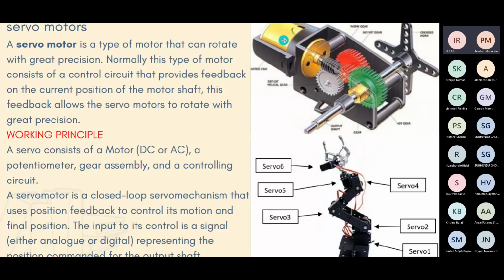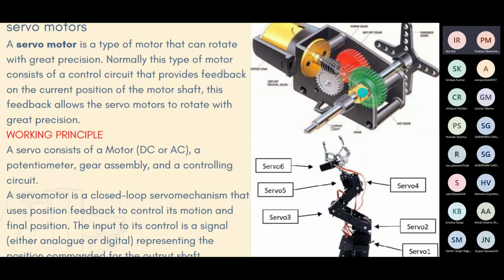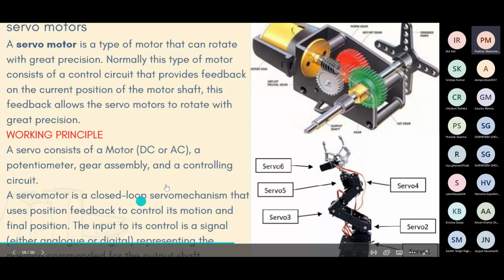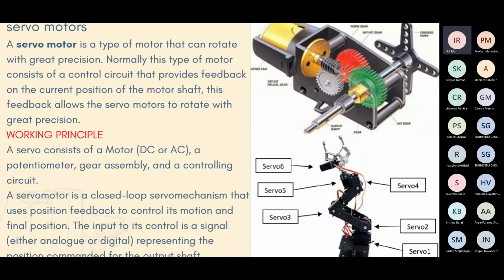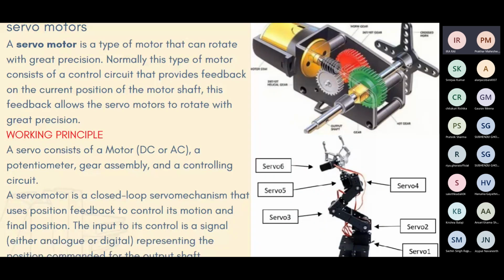So this motor can be AC or DC motor. Then we have a gear assembly and we have a potentiometer and a shaft. So a servo motor is a closed loop servo mechanism that uses position feedback to control its motion and final position. So the input to its control is a signal, either analog or digital, representing the position commanded for output. I'll be explaining more of this in the next slide.